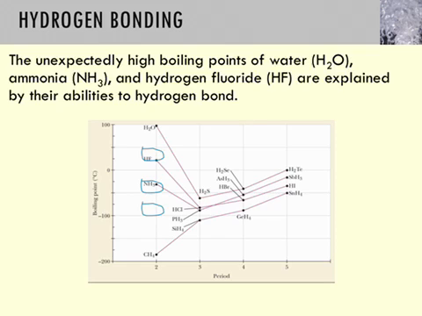Alrighty, so just to give you some quantitative data for the effect of hydrogen bonding, let's look at this bottom line. All right, so we start with nonpolar methane. It just has carbon and hydrogen bonds. It is a gas. It is already boiled way down at almost minus 200 degrees Celsius.